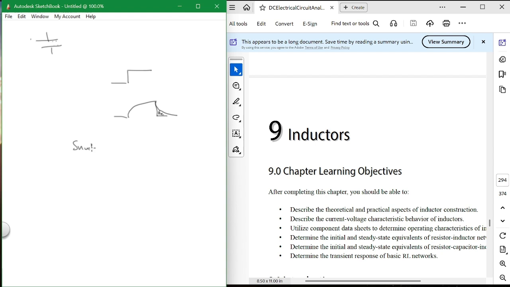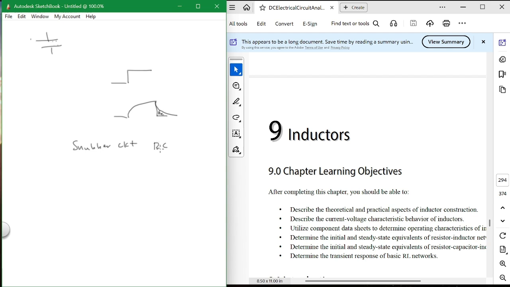A snubber circuit is many times an RC circuit that allows a solenoid or something like that to not have such a big inrush of current. In other words, it takes a little while for it to build up. If you turn on a circuit with a big fat solenoid on it, the current draw immediately is pretty high, so you put an RC snubber on it to make it not be quite so harsh and not burn up your output cards.